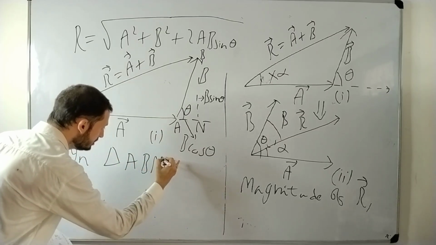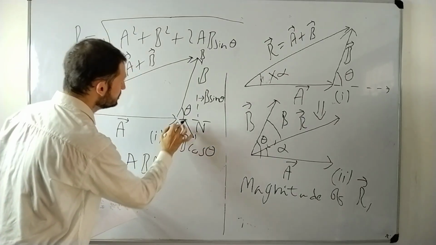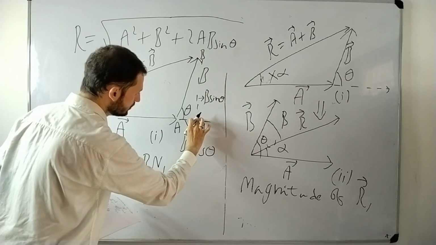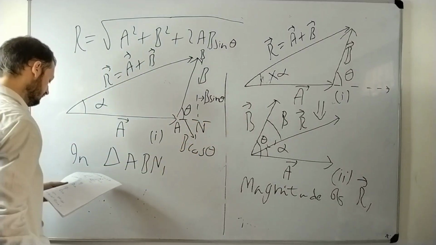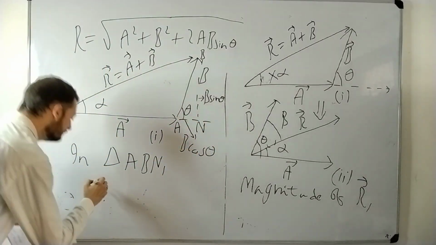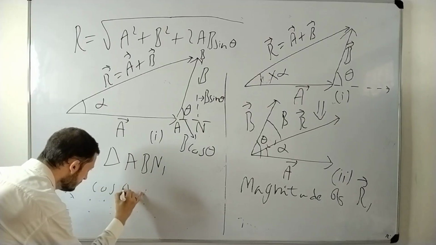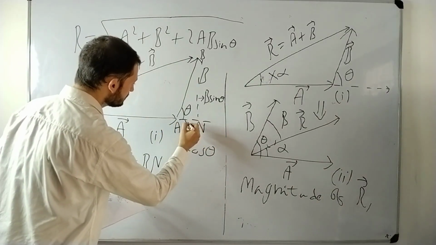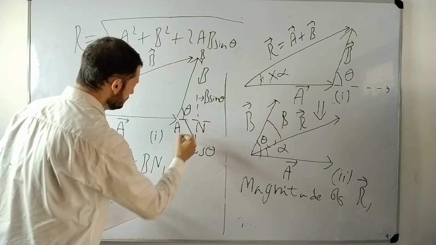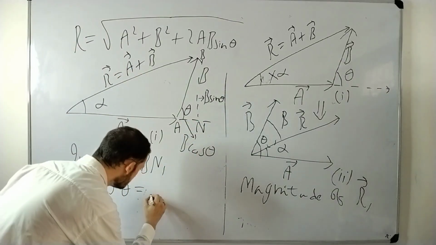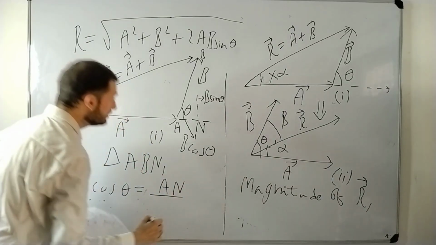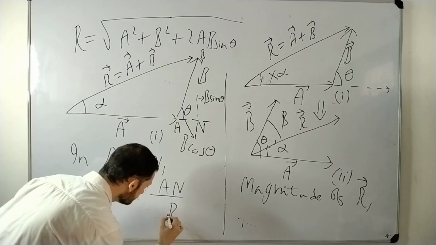ABN, this is the triangle. Okay, students, so cos theta is what? Cos theta is AN, the base, over B. Very good.